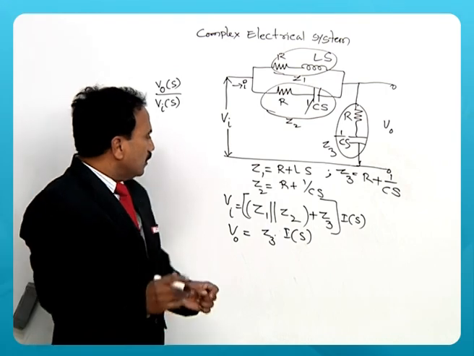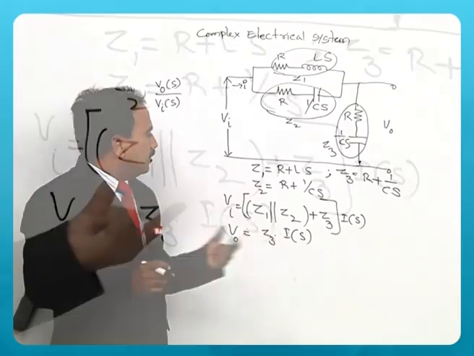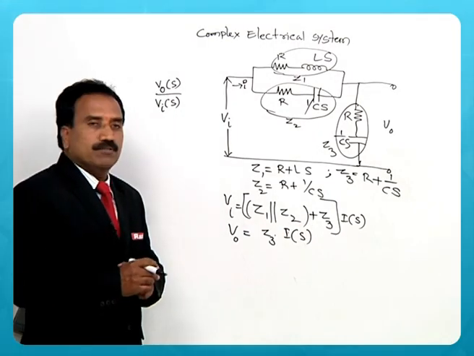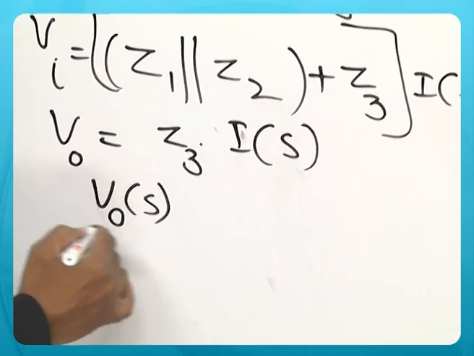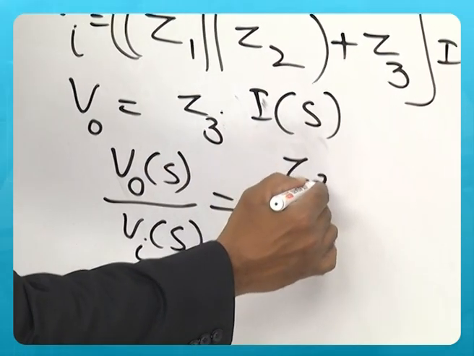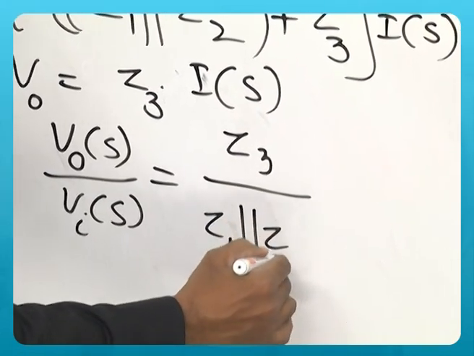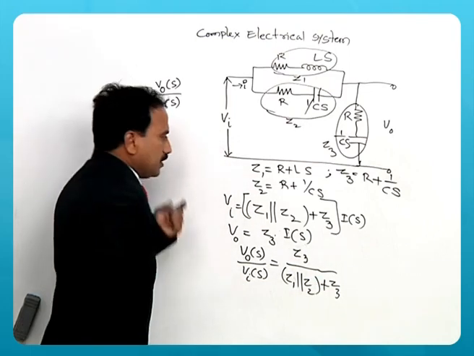So you have two equations. These impedances are in parallel, and then Z3 is added to that, and you have I of s. So now you can find V0 of s by Vi of s as Z3 divided by this combination: Z1 in parallel with Z2, in series with Z3.